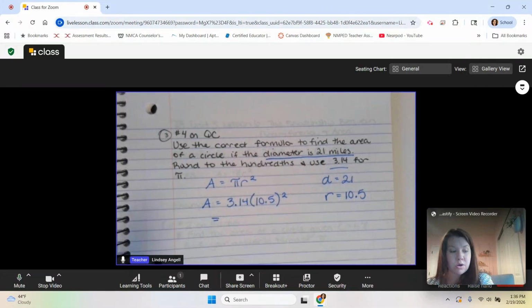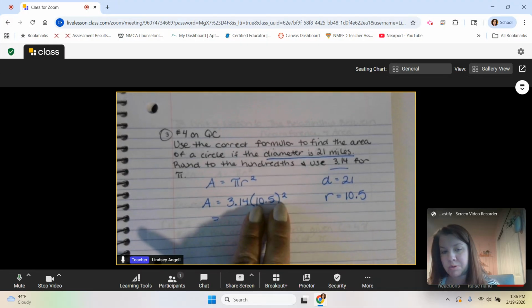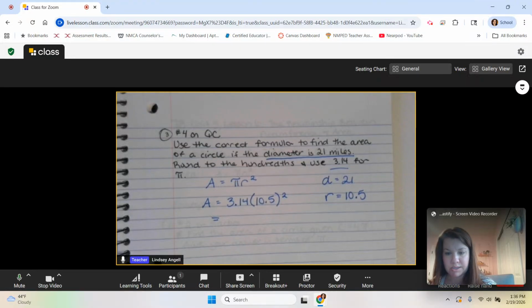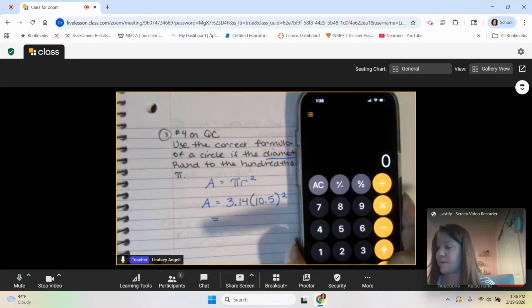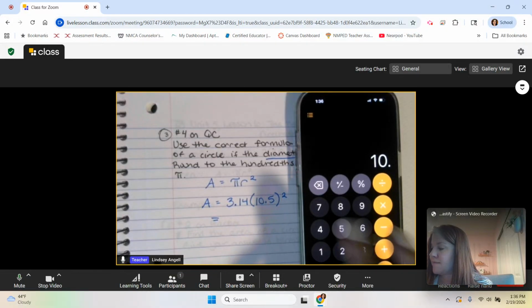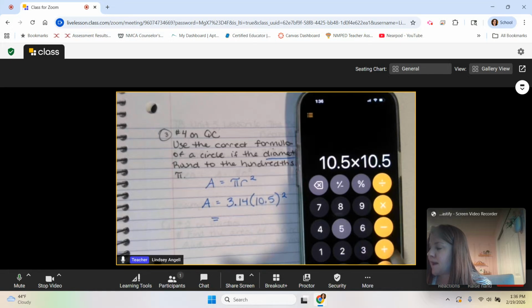Now, according to the order of operations, I have to take care of, well, first parentheses, which I don't really have. I'm only using parentheses right now to represent my multiplication. But I do have exponents. That will come next in the order of operations. So I can do 10.5 times 10.5. That's what it means to have 10.5 squared.